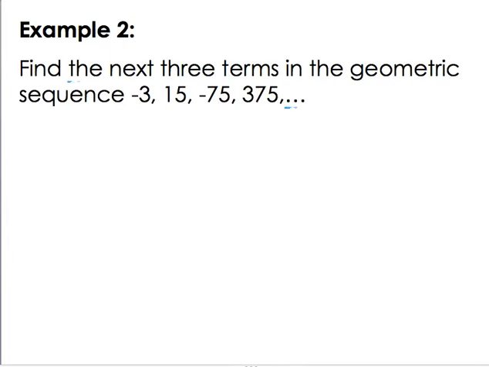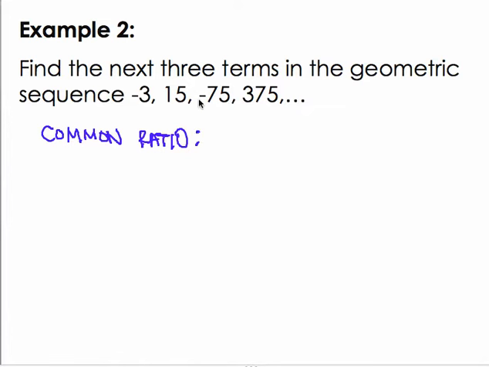Okay. So let's take a look at an example. This one says, find the next 3 terms in the geometric sequence: -3, 15, -75, and 375. So the first thing that we have to do is find the common ratio. Okay, and it may actually be fairly obvious to you what the common ratio is, but we're going to go ahead and do it out properly so that when and if it isn't obvious to you, you can figure it out.